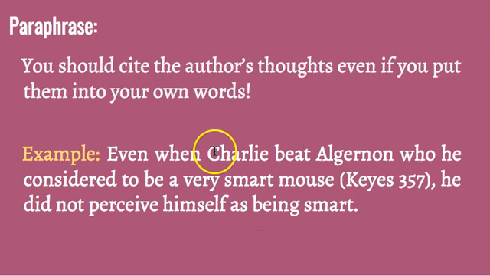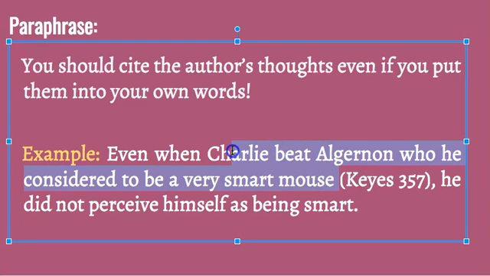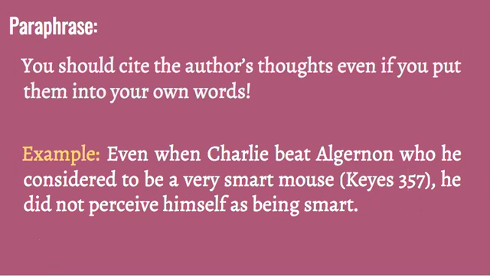So in this case, there's no quotation marks because this wasn't copied exactly word for word from the text, but this idea was. It was said in different words, but it's copied from the story. So they're giving credit to the author, Keys, and the page number where they found it. It's really strong evidence if you can point to the page number where you found something.